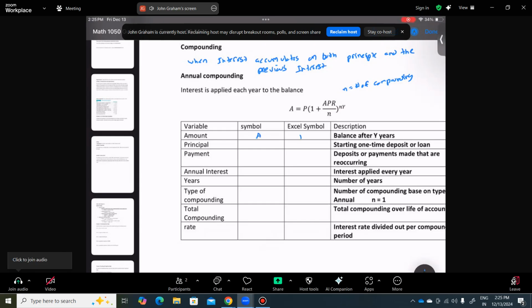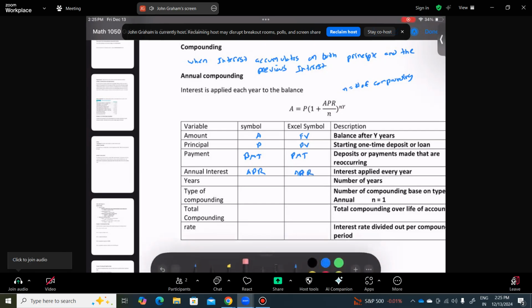In Excel, it's FV. For your principal, we use P, and in Excel, it's PV. For payment, we'll use PMT. In Excel, you'll also see as PMT. Annual interest, APR. Same for Excel.